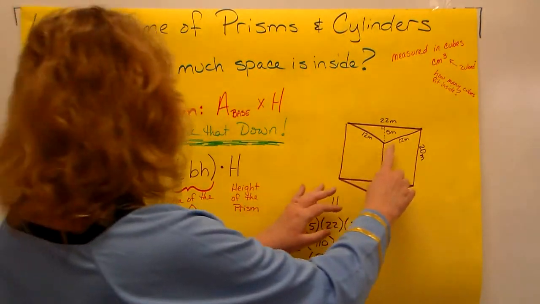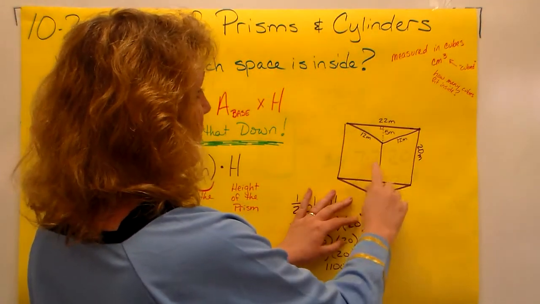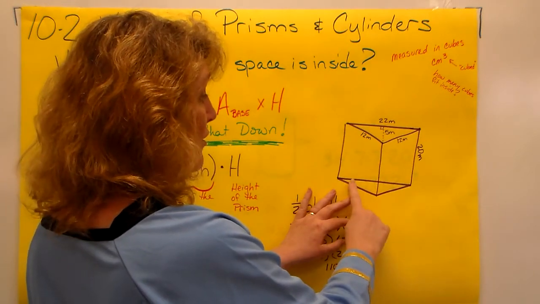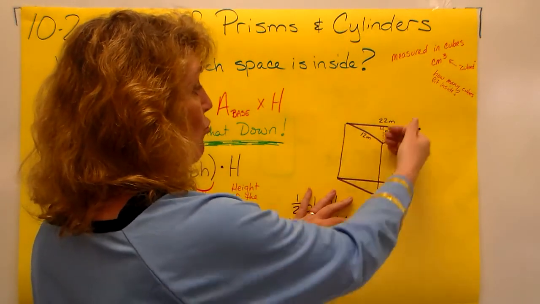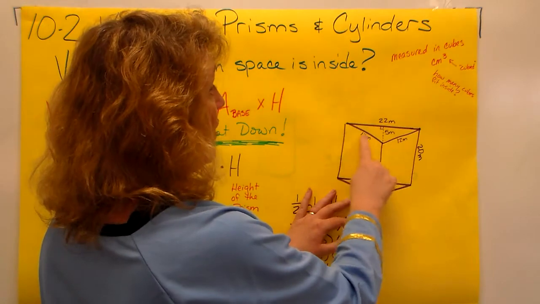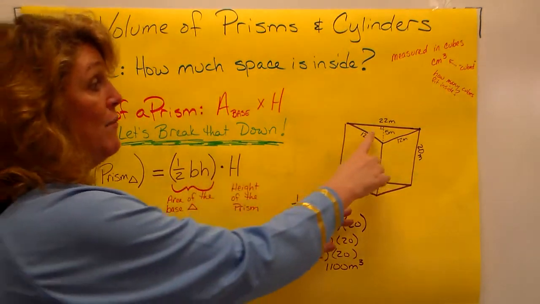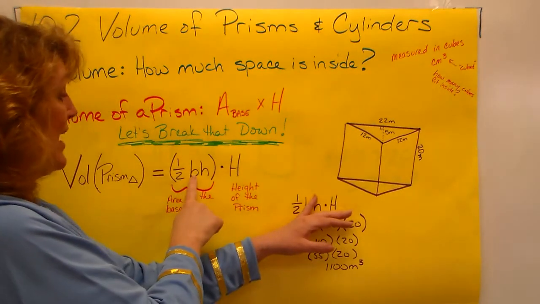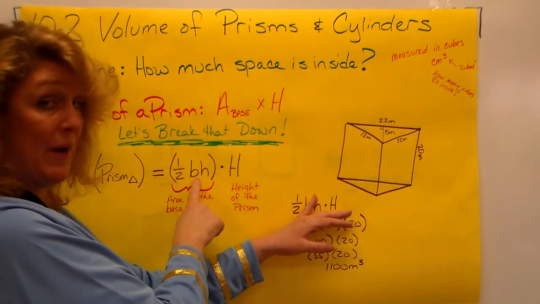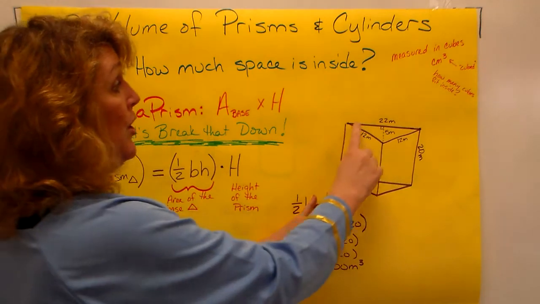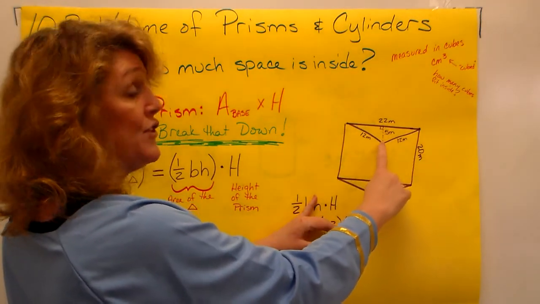So let's look at this prism here. We have a triangle on the bottom, a triangle on the top, and rectangle sides. Now, we're going to take the measurements, the area of the base, from the triangle. So our base, it's 1/2 times the base of the triangle times the height of the triangle. Well, the base is 22 and the height is 5.